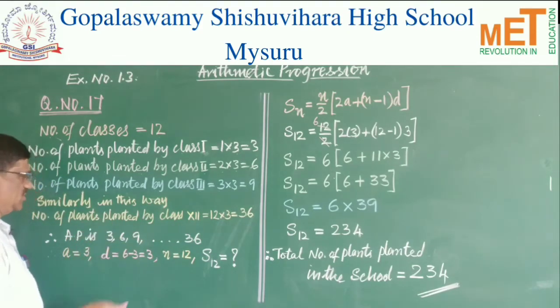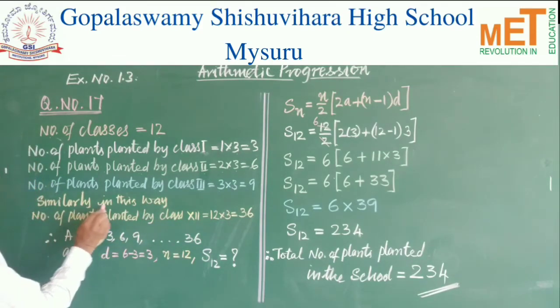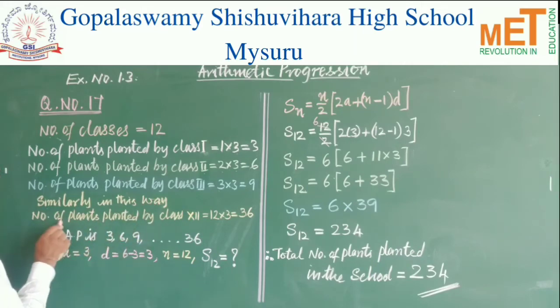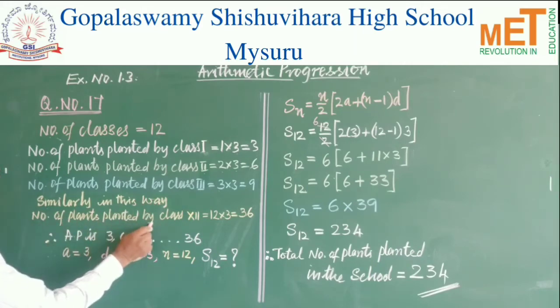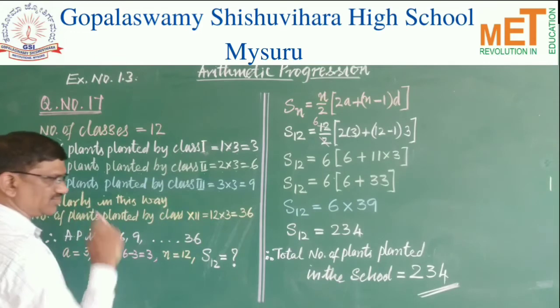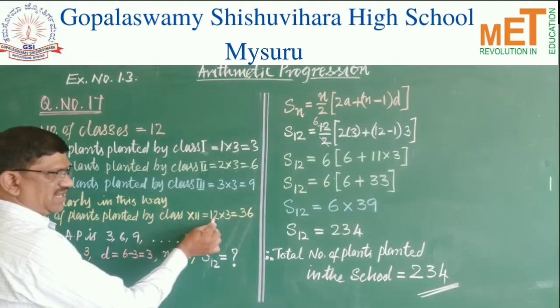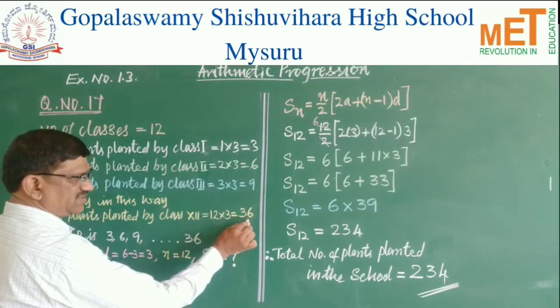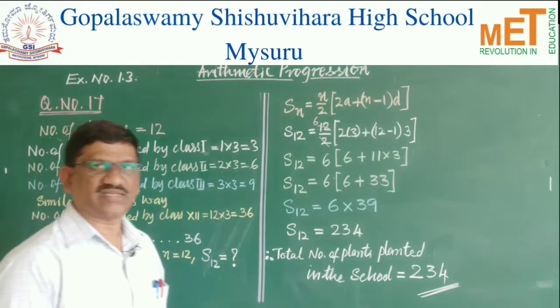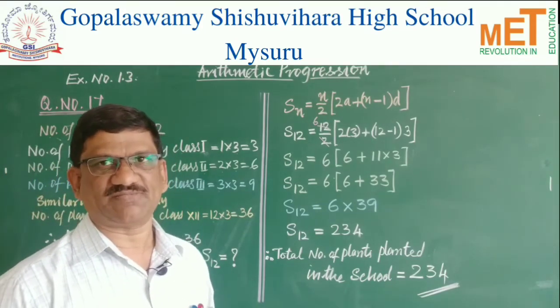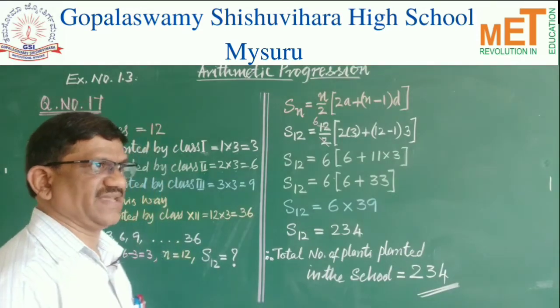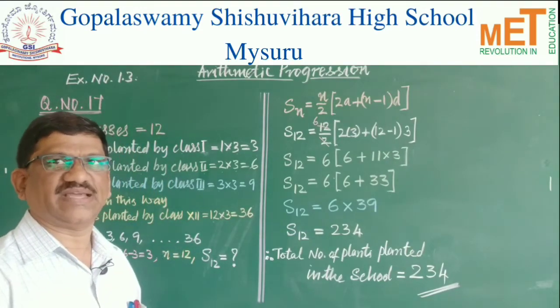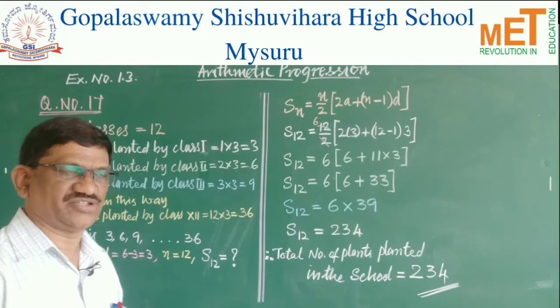Similarly, the number of plants planted by class 12 is class 12 into 3 sections, 12 3s are 36. So class 12 will plant 36 plants. If that is the case, we have to calculate how many plants they have planted in total.